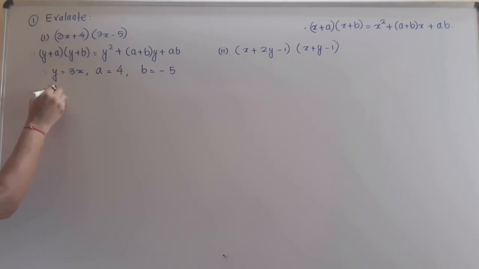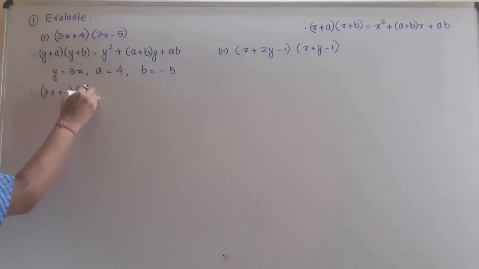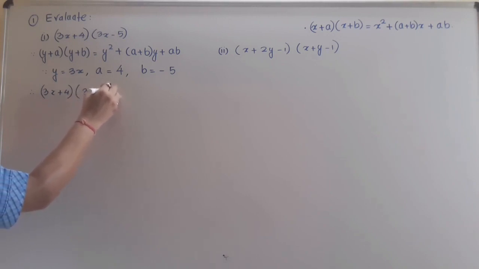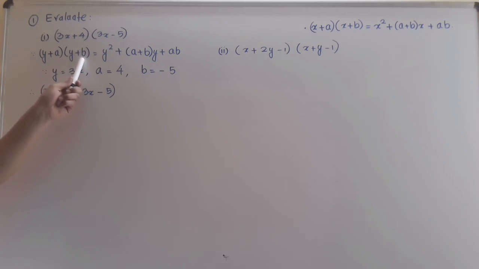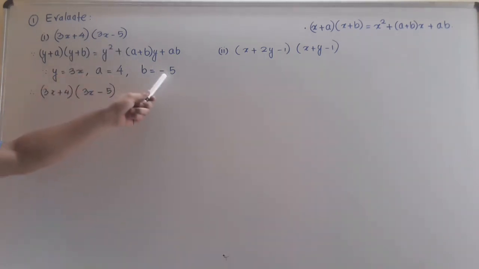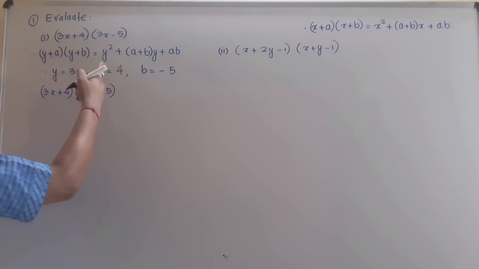So now I will put in the values. This will be (3x plus 4), first bracket, second bracket (3x minus 5). See, when I put in place of b minus 5, this plus sign and the minus sign will multiply and it will become minus 5. Right? Now further I will put the value of y square.